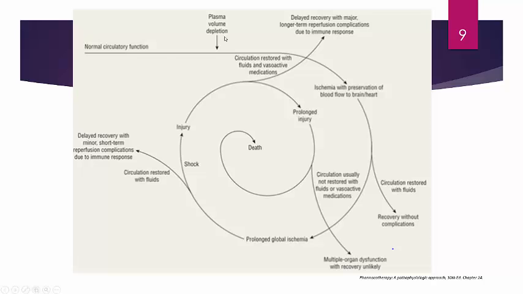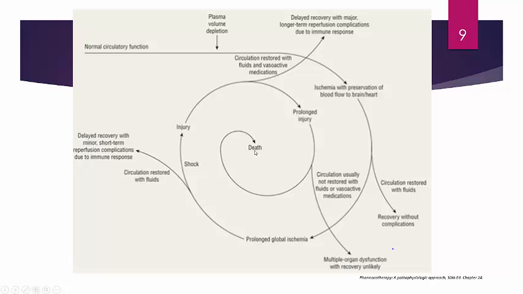And at that point, you may still be able to restore circulation, but you might have a much more delayed recovery than you were at the beginning of the spiral. Or you may get prolonged injury still. And eventually it continues getting worse and worse and worse until you develop multi-organ failure. And that multi-organ failure can eventually even lead to mortality.